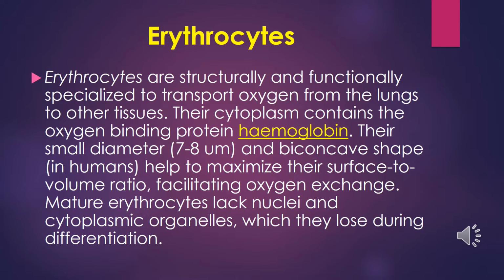Erythrocytes provide a very important function: exchange of gases, oxygen and carbon dioxide. They include a special protein, hemoglobin, a binding protein. The function of hemoglobin is to bind oxygen or carbon dioxide, and it forms the special red color of erythrocytes.